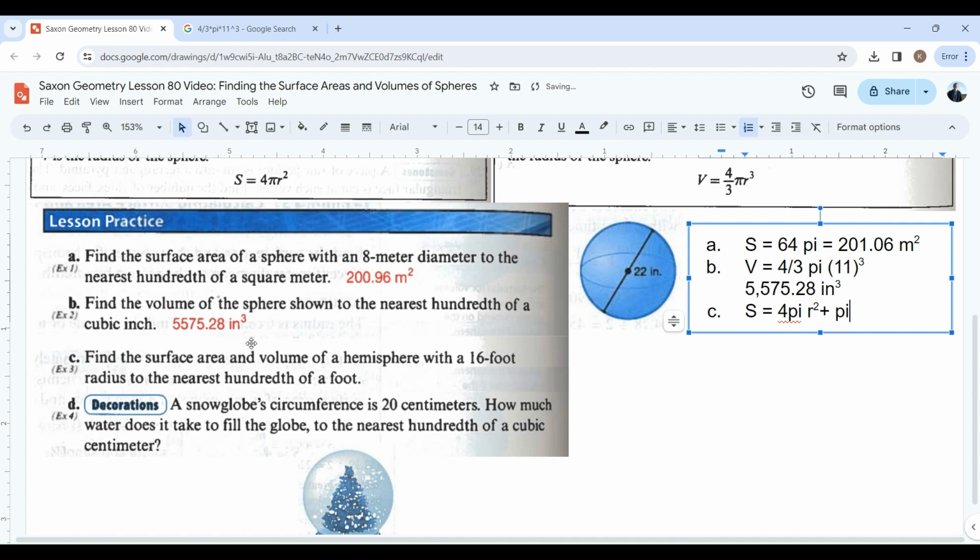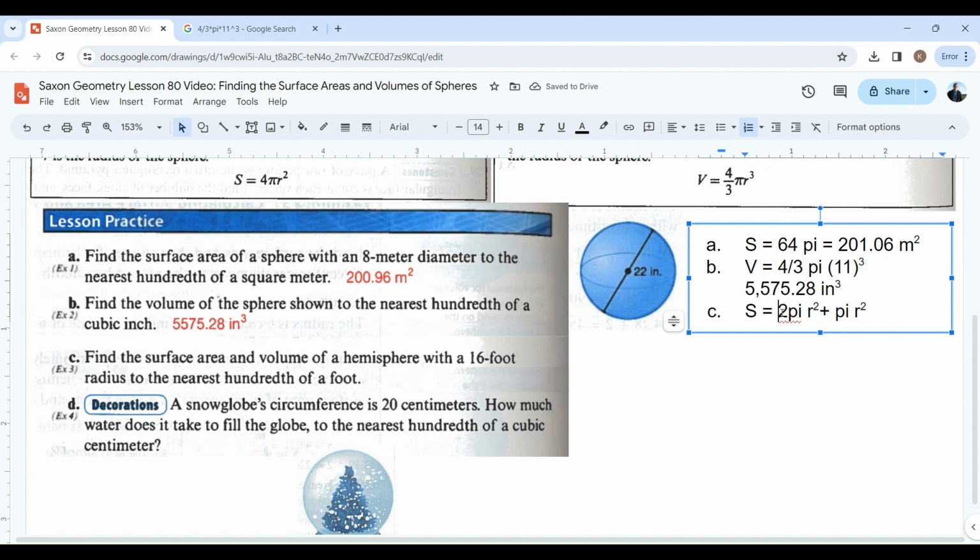That's going to be pi r squared. Well, here's an interesting thing on this one. 4 pi r squared plus pi r squared. Wait a second. We need, because it's a hemisphere. Okay, so this 4 pi r squared is giving me the surface area of the whole sphere. I need to take this and divide it by 2, so I get half the sphere. But then plus another pi r squared.